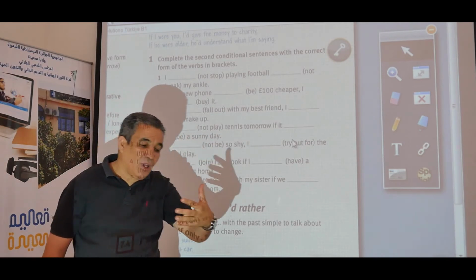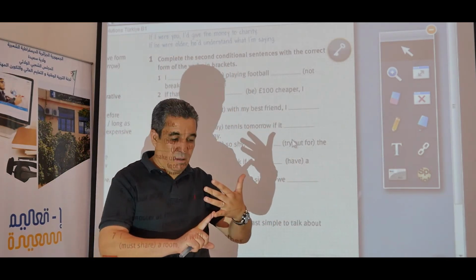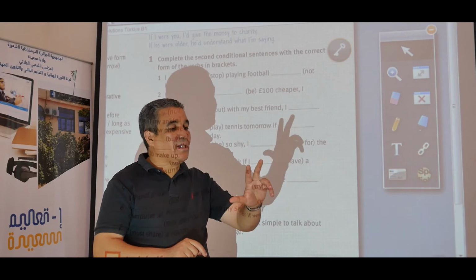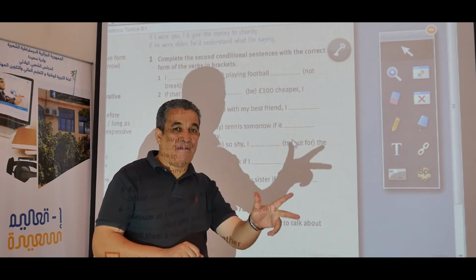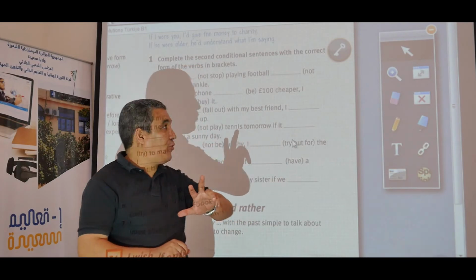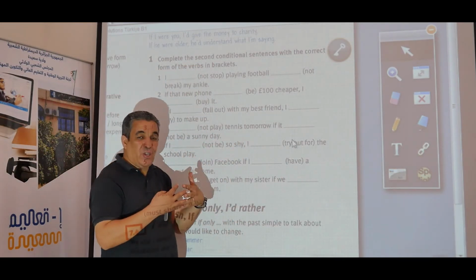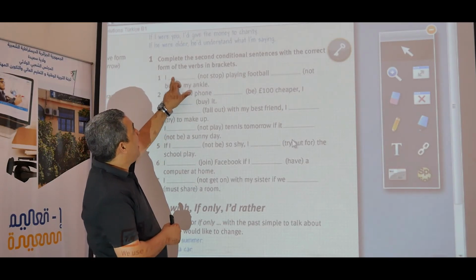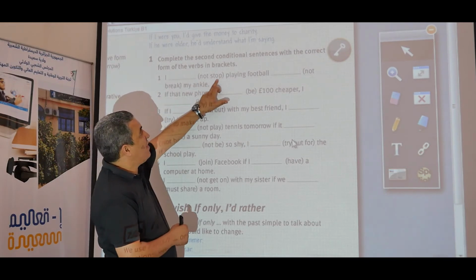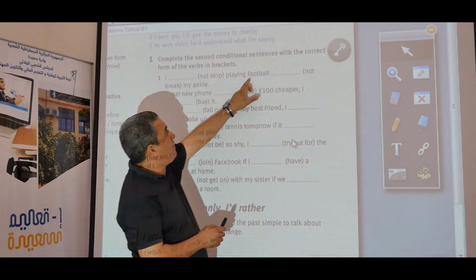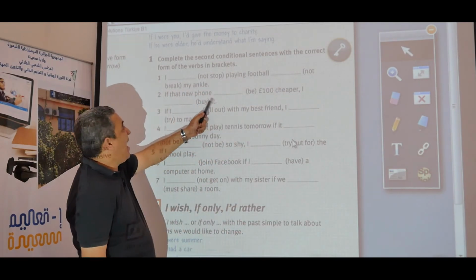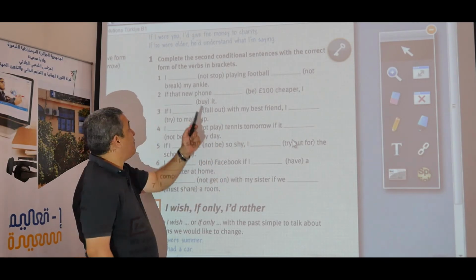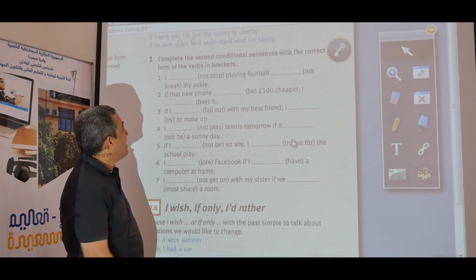And you know the third conditional is formed with the past perfect in the if clause, and the perfect conditional, which is formed with would plus have plus the past participle of the given verb. Like here, for example, if I use it with the third conditional, I would say, I wouldn't have stopped playing football if I hadn't broken, past perfect, my ankle.